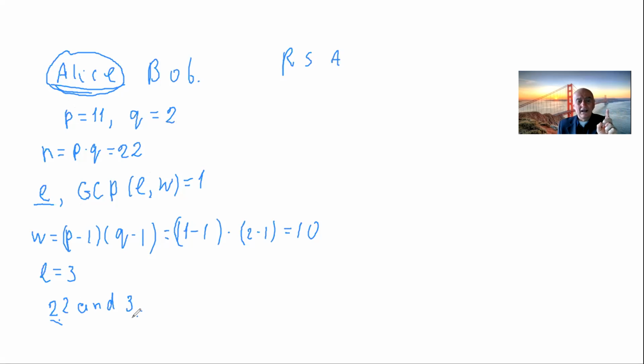And only Alice knows how she got this number 3. She found this number W by multiplying P minus 1 times Q minus 1, this is 10, and she found this number E. This number is very important. This number is the public key.